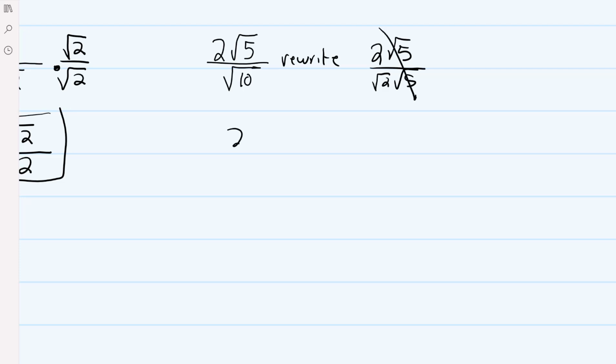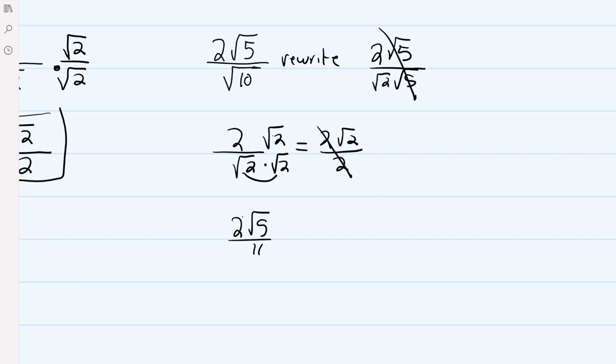So now you have 2 over root 2, and now we're just going to multiply the numerator and the denominator by root 2. These two multiply to be 2, and now you have 2 times root 2, which is 2 root 2, and that cancels. So 2 root 5 all over root 10 simplifies to just end up being square root of 2.